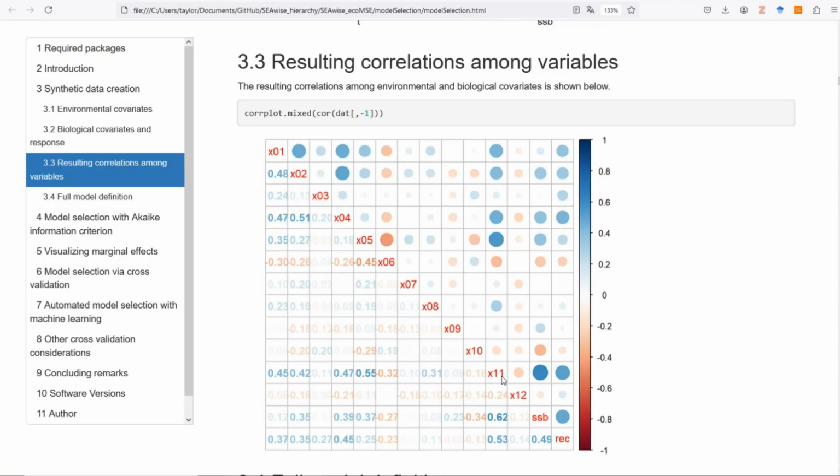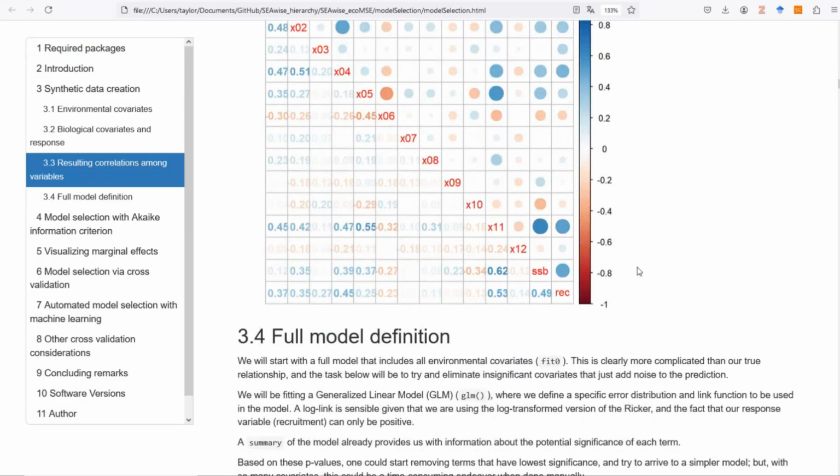We have one with X11, which is not a true mediator. And then we have several up here that seem to be having higher correlations. X1, which does have a mediation. X2 is not there. X3 is a little bit lower, but that's actually one of our covariates, and so on. So hopefully the idea was that we made this somewhat challenging problem for us to dive into.